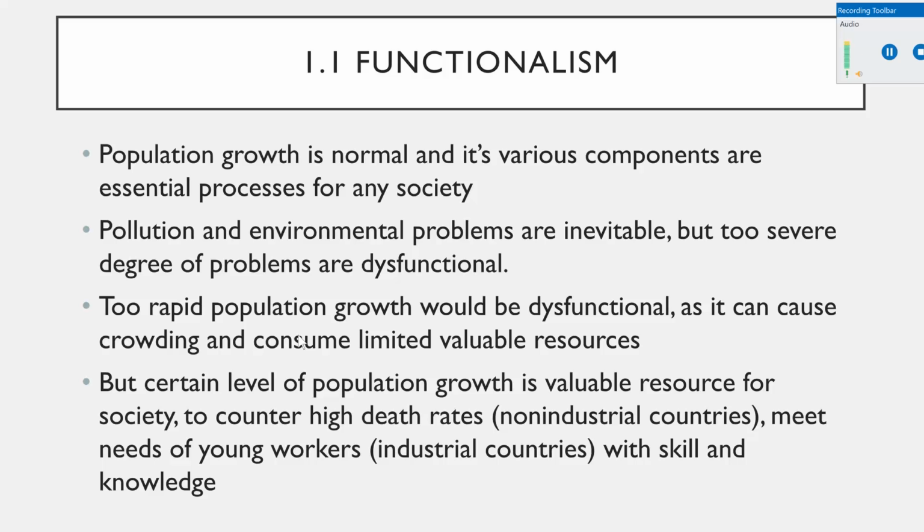If we don't have some population growth in any nation or society, we cannot maintain the society, because if we have more people dying than births, we may have a decline of the population. The decline of the population means losing the workforce, losing the tax base, and losing power, because the number of individuals may be a component of the power of the country.